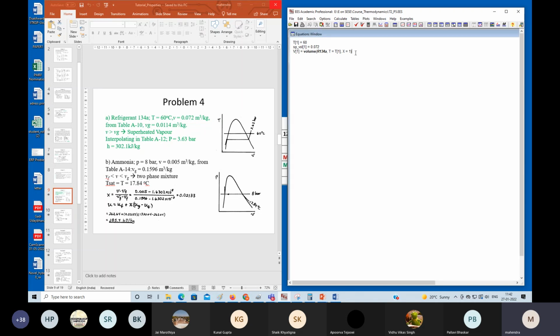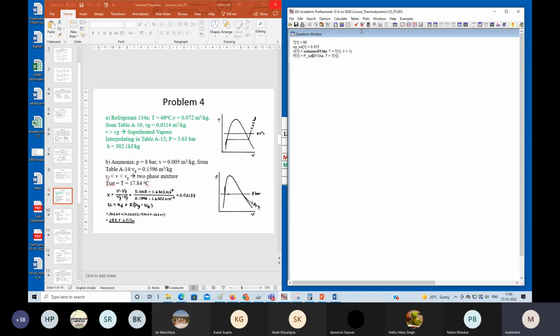Okay, then we need to find out the pressure over here. Pressure of 134a equal to... Otherwise here you can use one word simply P_sat when you are calculating saturation pressure. P underscore sat.